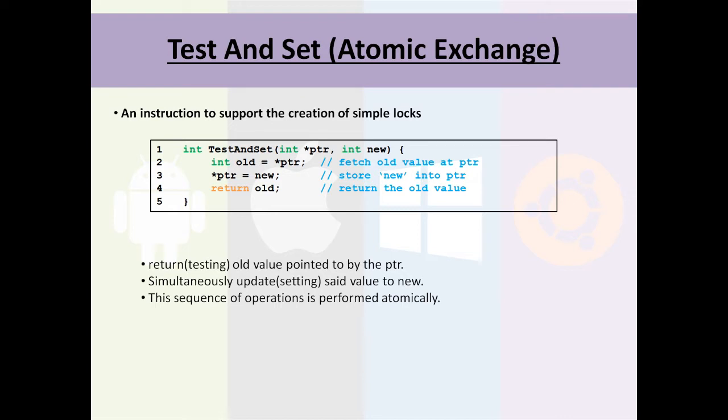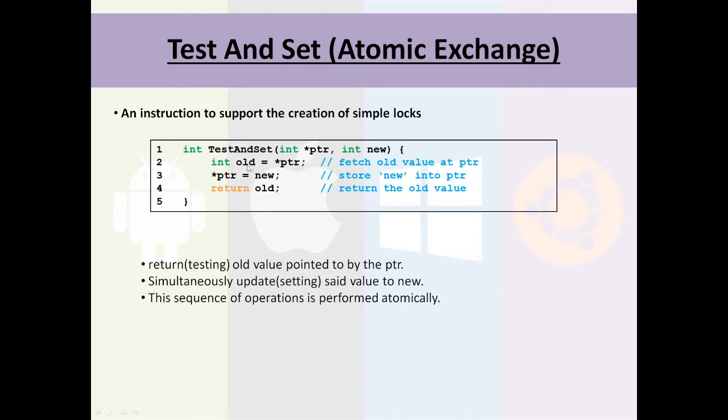What this says is we have a test and set function that returns an integer. It takes in a pointer and another integer. It sets some integer variable called old equal to the value of the pointer variable that it takes in.